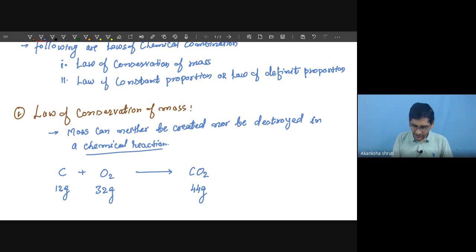The substances which are reacting are called reactants, and the side which is formed after the reaction is called the product.